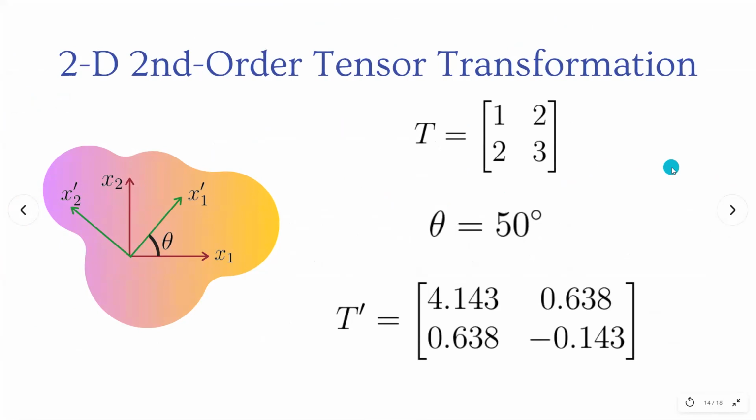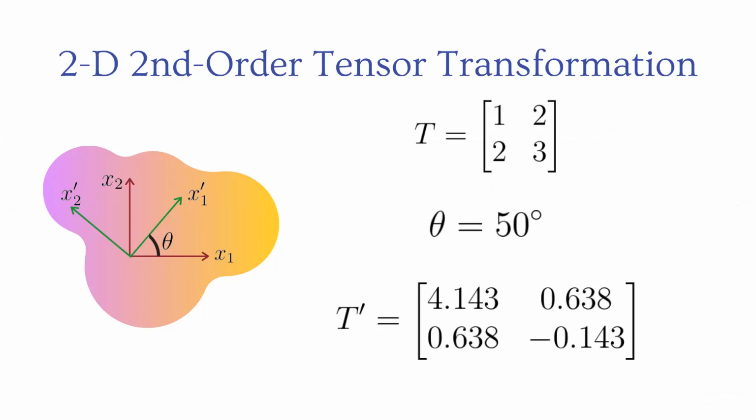Here we have an example of a 2D second order tensor transformation. We have a tensor T with this value. Now, you might wonder, sir, how do I imagine this tensor in real life? A vector is easy, because it is just an arrow, head to tail.